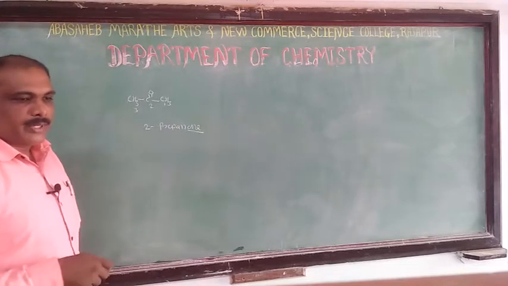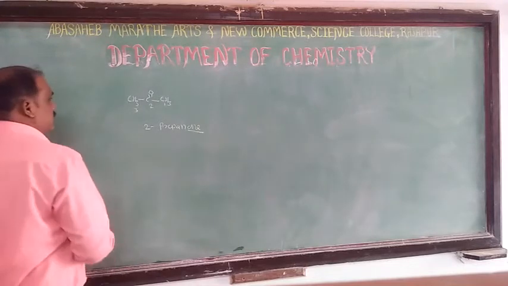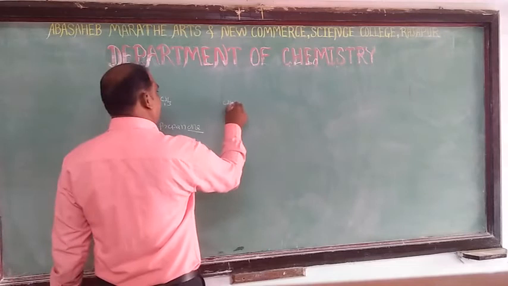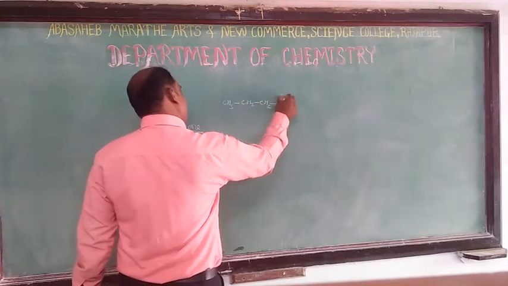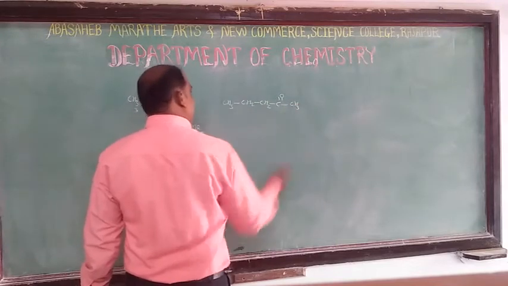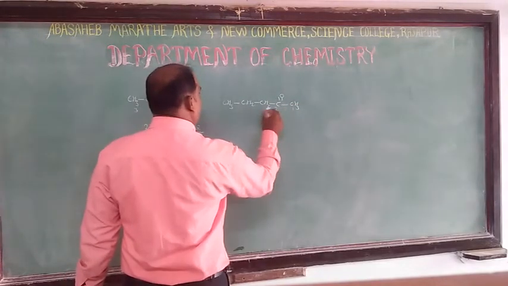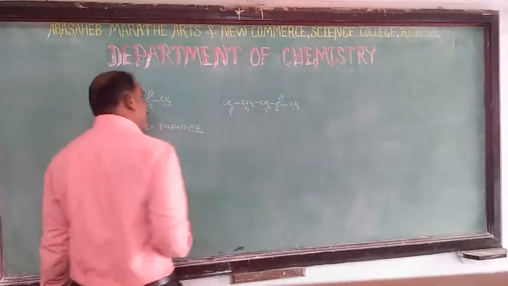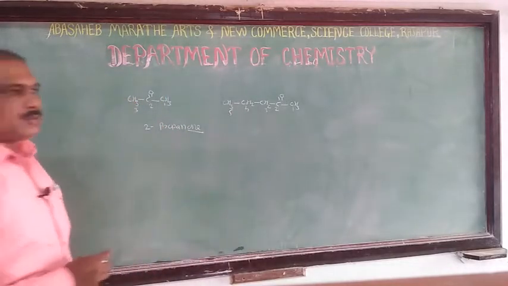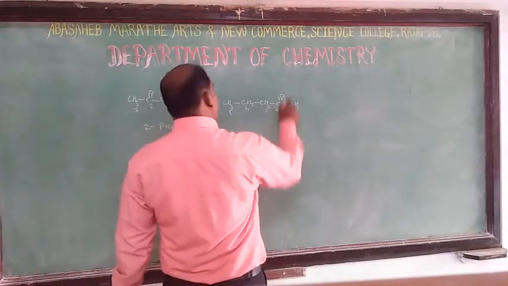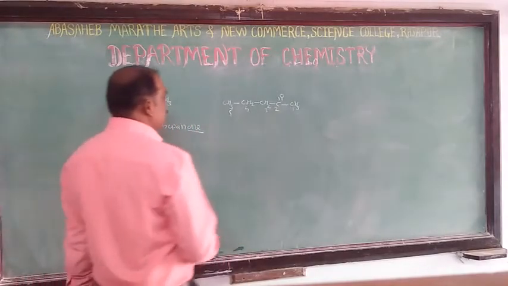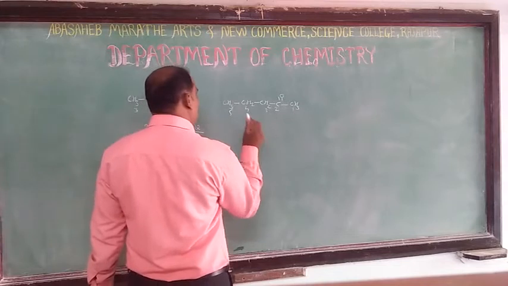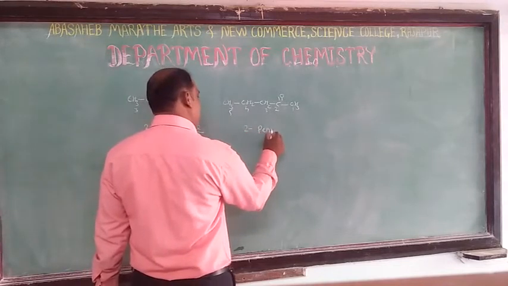Now we will see other examples. The numbering starts like 1, 2, 3, 4 and then 5. So at the second position it has the carbonyl group. So the name is given as 2-pentanone.